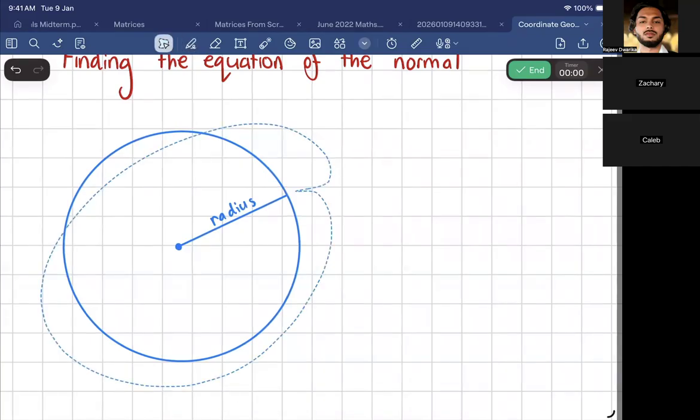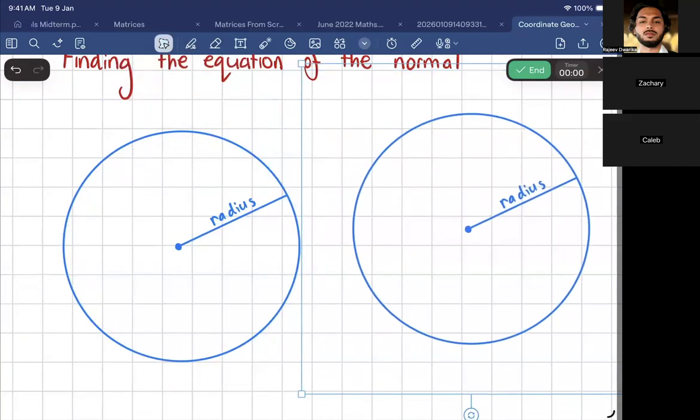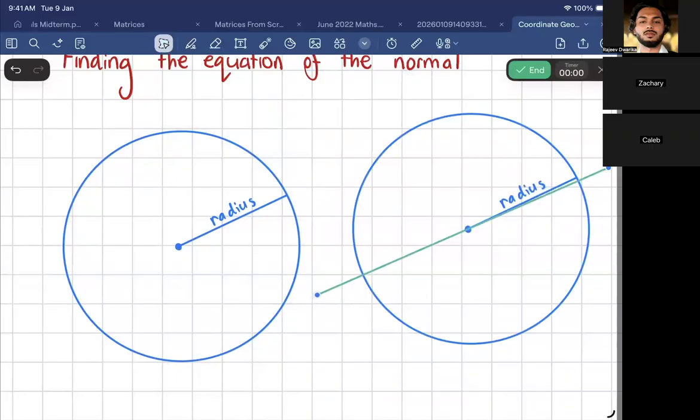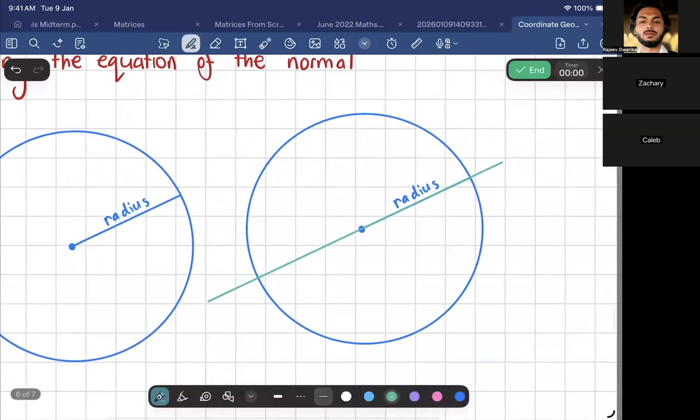So the radius is there, and this would be the normal. Watch this carefully. That green line is called the normal.